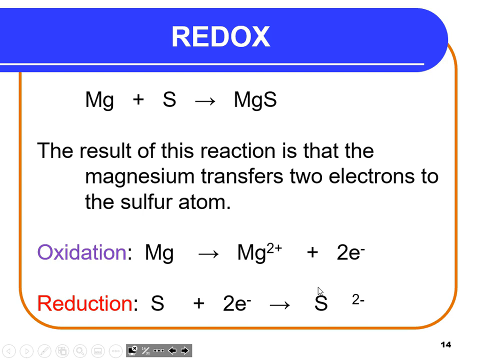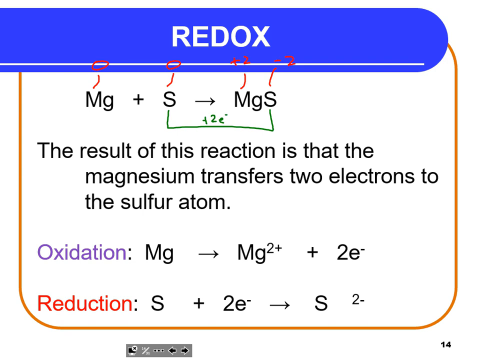Remember old Leo Gurr. Well, let me show you something here with our oxidation numbers real quick. Magnesium, oxidation number 0. Sulfur, oxidation number 0. Magnesium here is a +2. Sulfur here is a -2. So when I look at this and I go from sulfur right here and match those up, sulfur has gained 2 electrons.